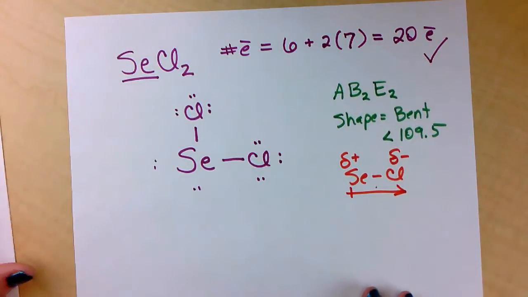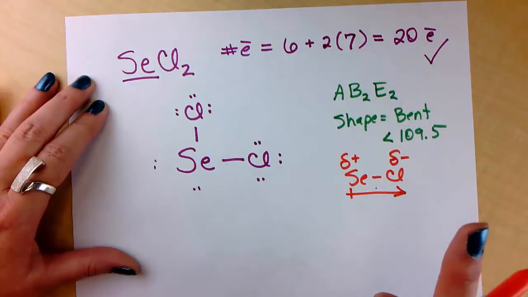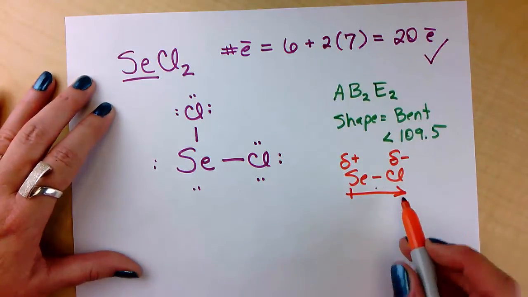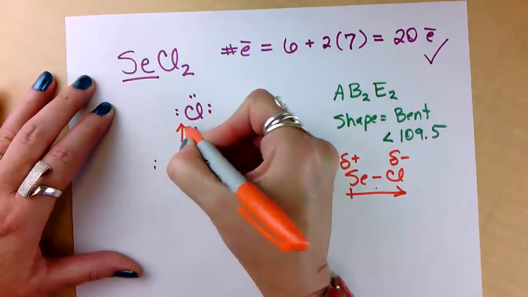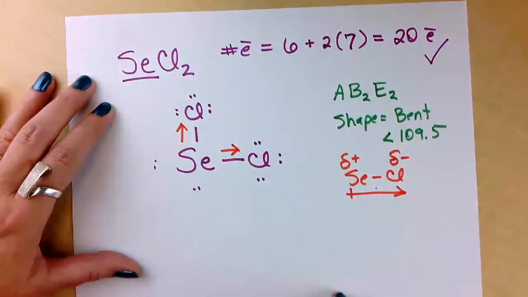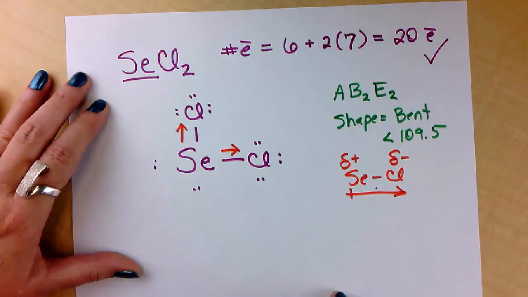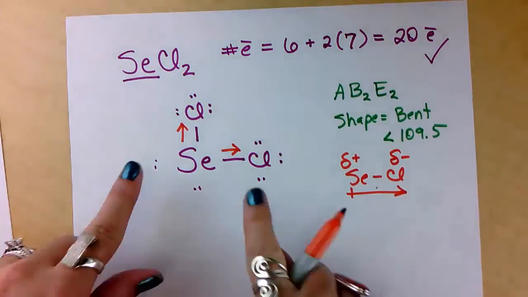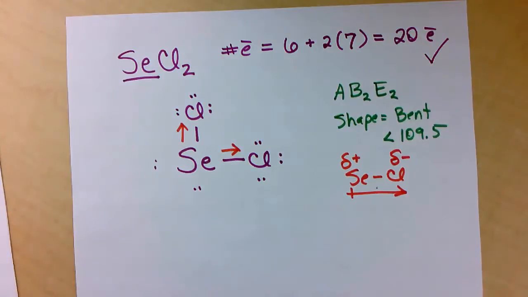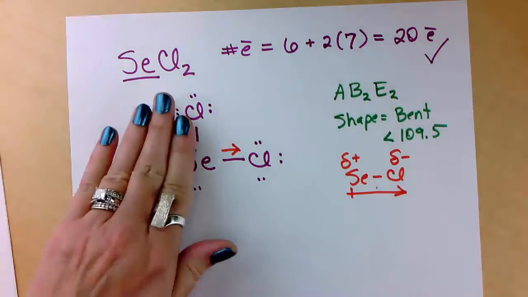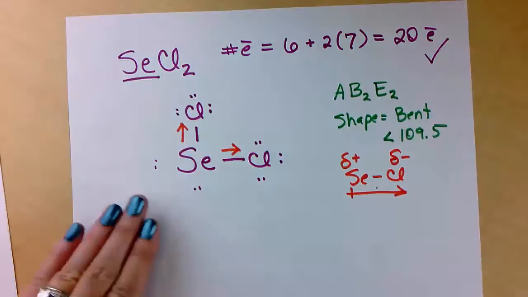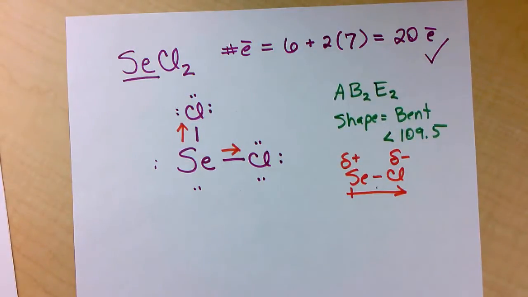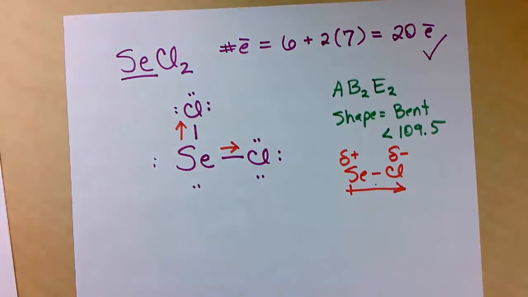So in my molecule, on scratch paper, we can draw arrows along the bonds pointing towards the Cls. So we have two arrows, and then we have these two lone pairs. Now, for the whole molecule, we have to determine if the arrows are going to cancel out or not. That's how we determine the polarity for the whole molecule. We look at the arrows. Okay, these arrows look like they do not cancel out because they're not equal and opposite.